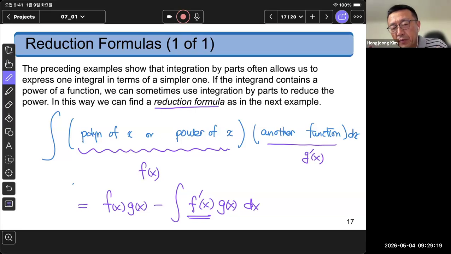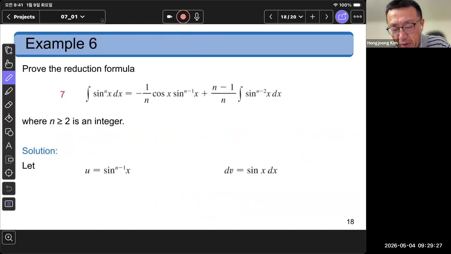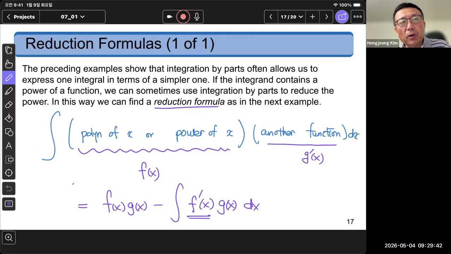If you do not identify the proper f of x, then the integration by parts will become complicated. So I will explain several patterns. The first pattern in the integration by parts is that if you have any polynomial of x or power of x, then those will be your f of x.